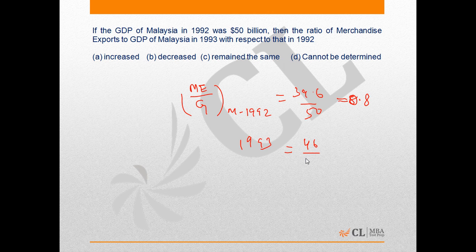Therefore, the ratio will be 46 upon 50 into 1.083, and this is approximately equal to 0.85. Therefore, the ratio of merchandise exports to GDP of Malaysia in 1993 with respect to that in 1992 was more. It means there was an increase. Therefore, option A is the correct answer.